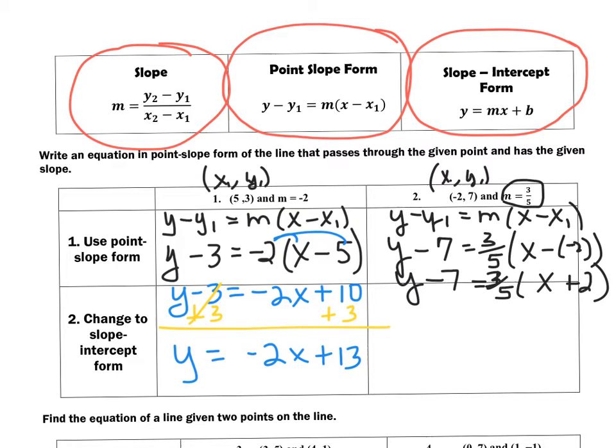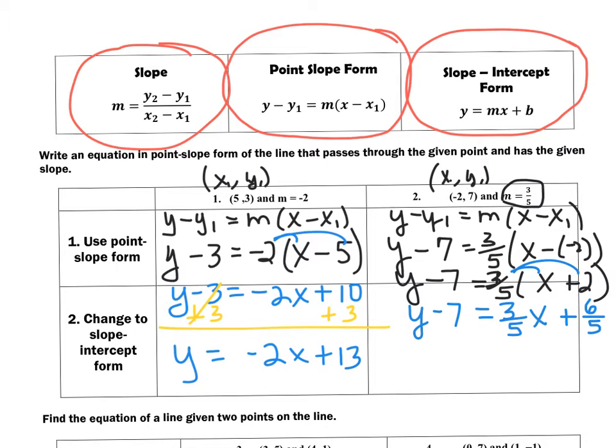Now we want to change to slope-intercept form. I'm going to first start off by distributing. I have 3/5 x plus 2 times 3/5, which is 6/5. We like to leave our numbers in improper fractions. Bring down the y minus 7.